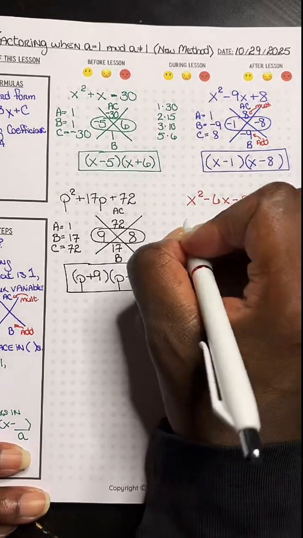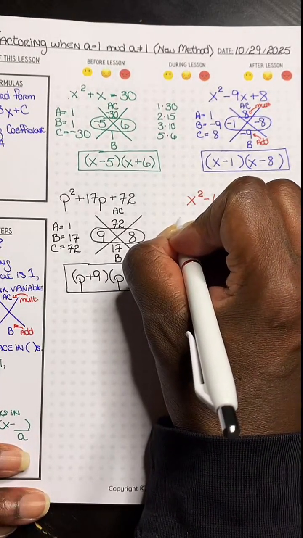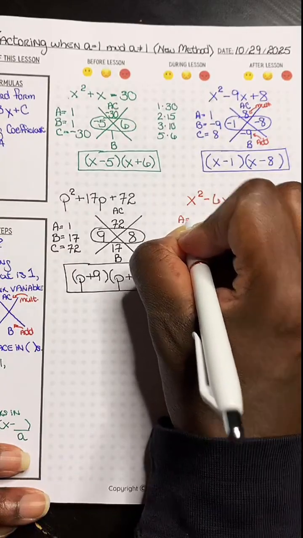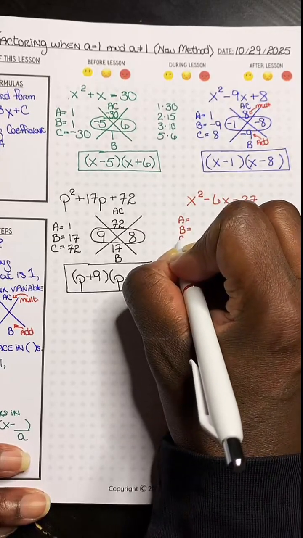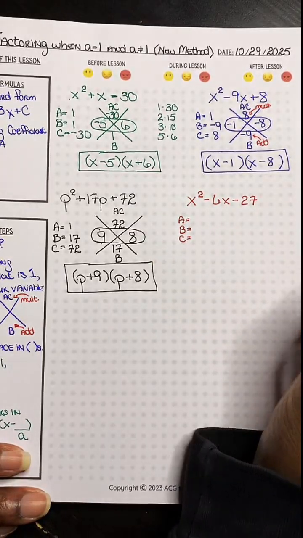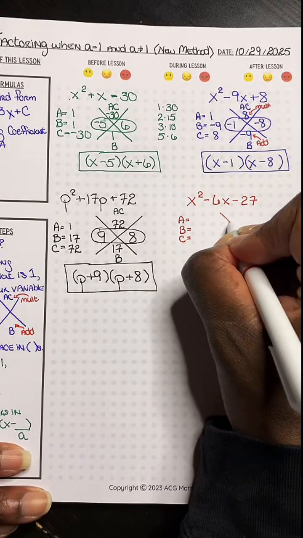So we need to know what our A is, what our B is, what our C is, and then we're going to set up our cross.